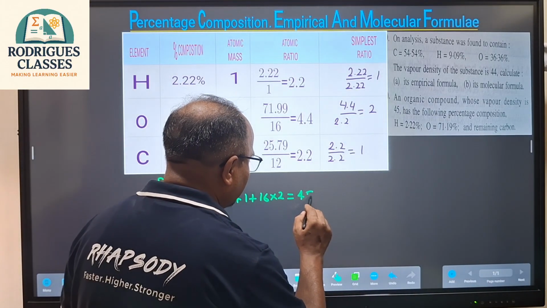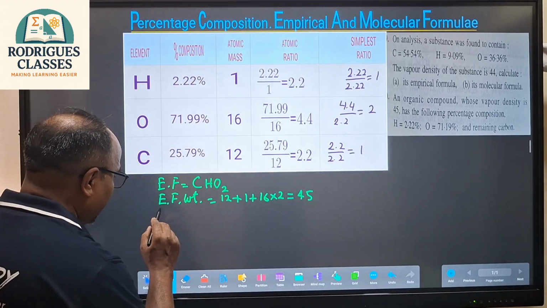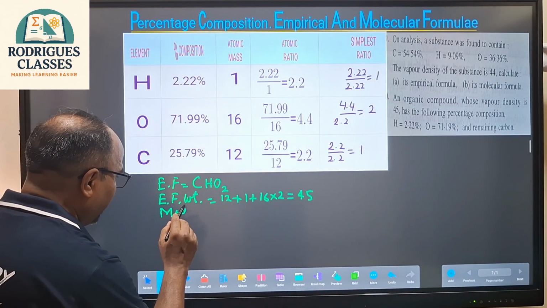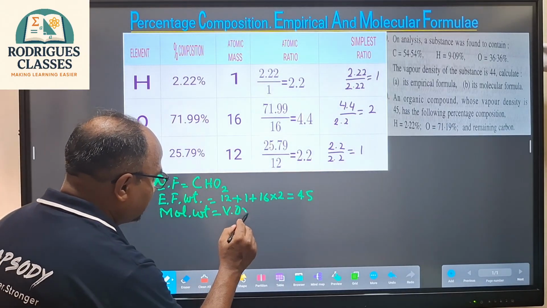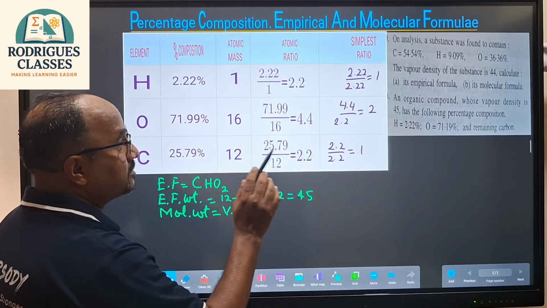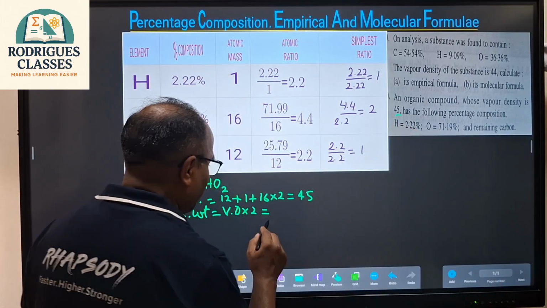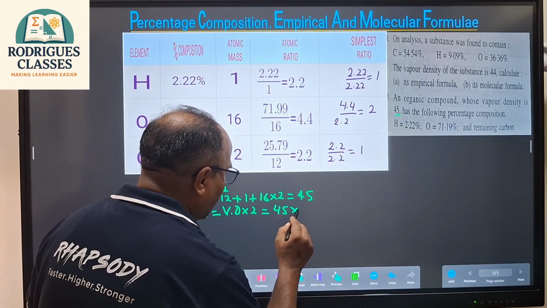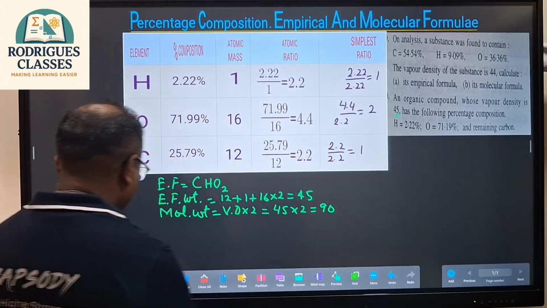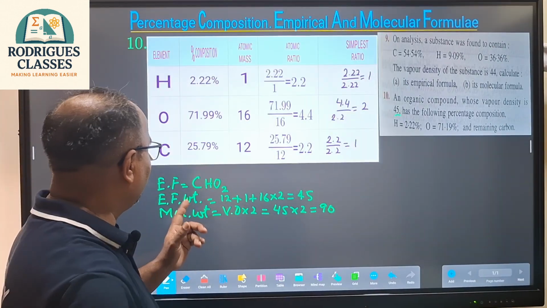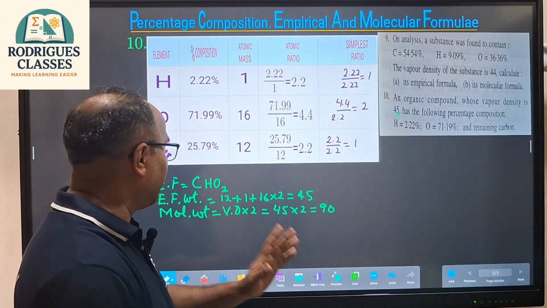So we get 45. Then the molecular weight we will find by using vapor density into 2. The vapor density is given to us as 45. So 45 into 2 gives us 90. So we have come to know the empirical formula weight and molecular weight.